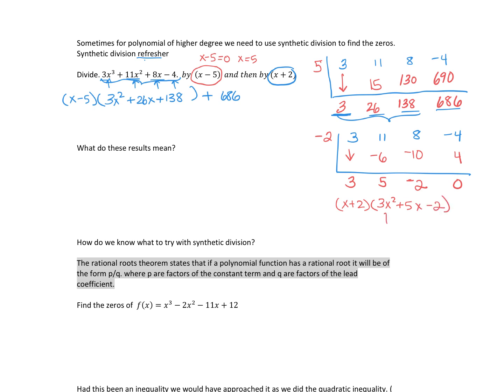Remember, this second piece is always going to be 1 degree less than the polynomial that you started with. So what do these results mean?